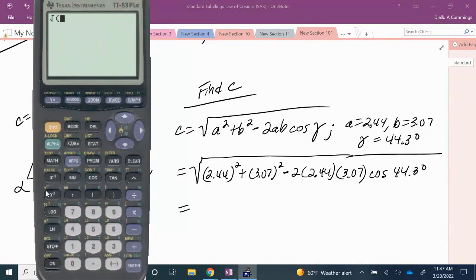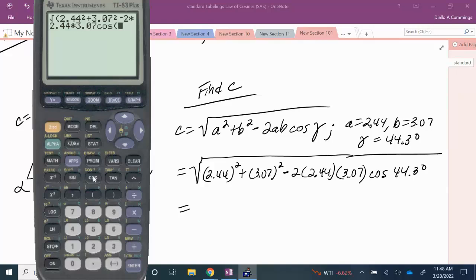So I'm going to put this in the calculator as a square root of 2.44 squared plus 3.07 squared minus 2 times 2.44 times 3.07 times the cosine, right?